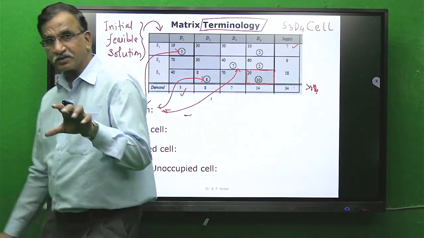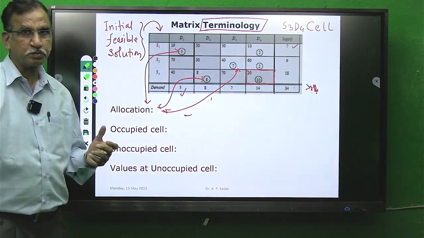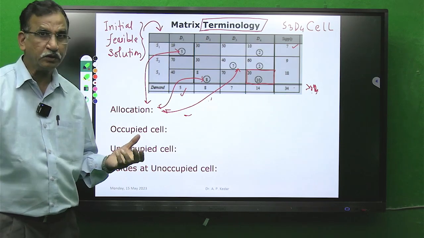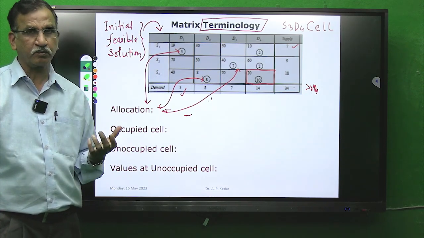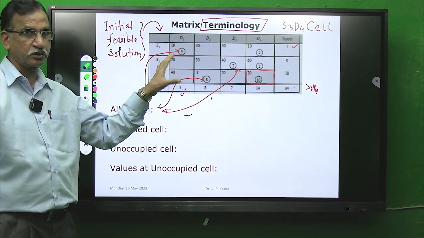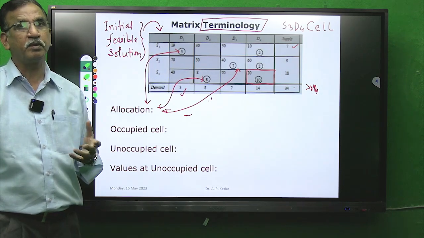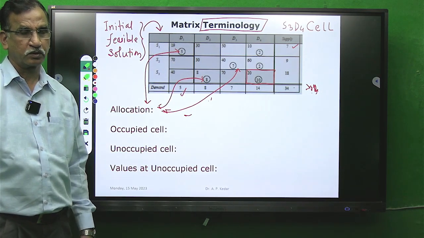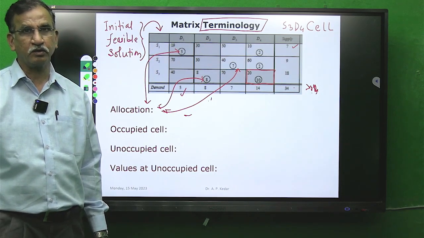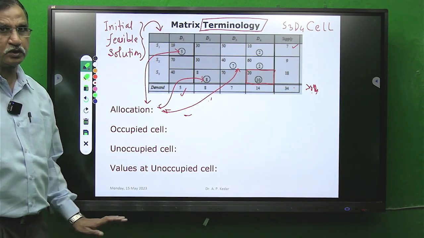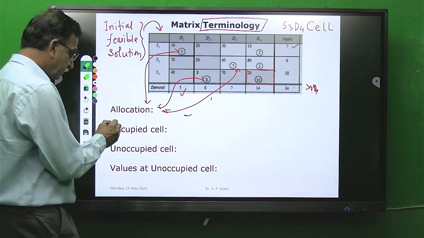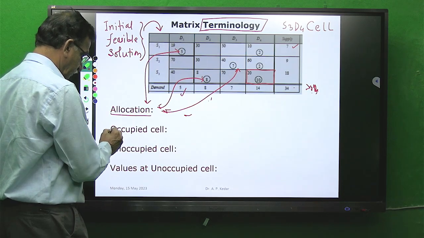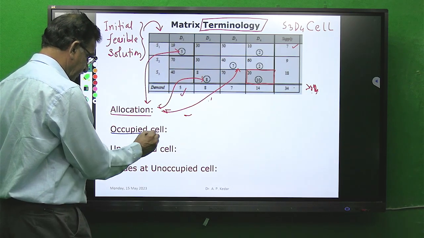The quantity assigned in a cell as per the requirement of the initial solution is allocation. The quantity assigned, the minimum out of supply and demand, that is allocation. Got it? Is it very clear now? Allocation is clear. Now we will see the second term, occupied cell.